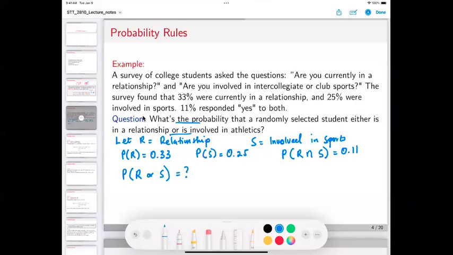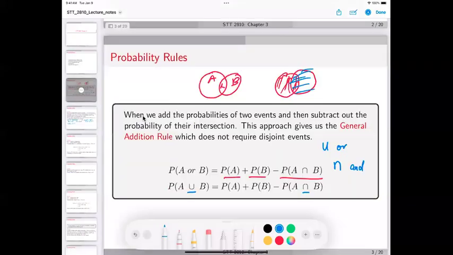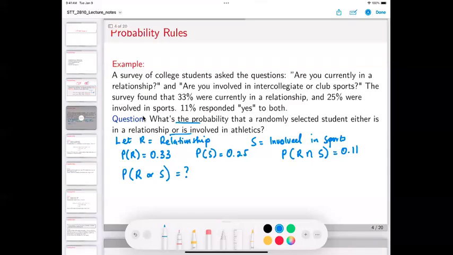This we do not know. Is that okay? How do we answer this? We are going to use the general addition rule. So the general addition rule says that probability of R or S equals probability of R plus probability of S minus probability of R intersection S.